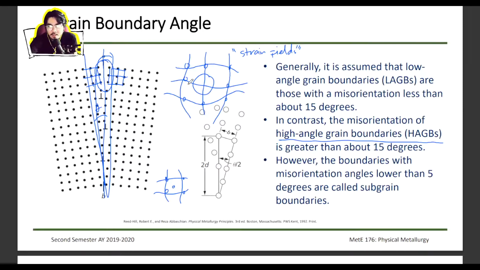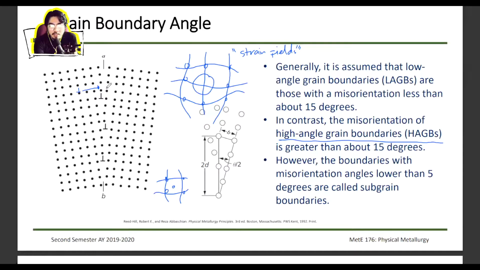Okay? So to illustrate why the angle matters, just try to imagine, I'm drawing this very loosely, parang i-drawing ko lang siya simplistically. Kunwari may dislocation tayo moving in this direction, tapos na-encounter niya tong strain field na to.